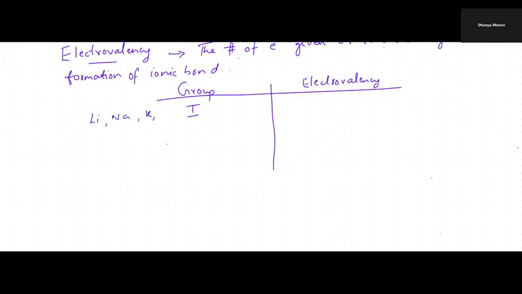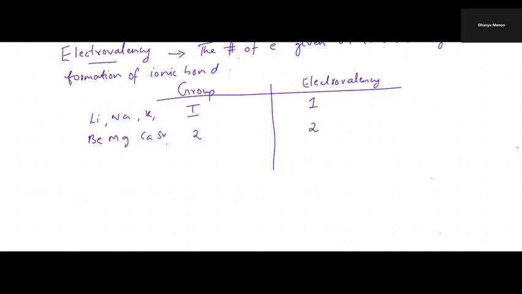So all of them, they have 1 electron in the outermost shell, so they readily donate that 1 electron, and the electrovalency is 1. Okay, suppose if I have group 2, group 2 is beryllium, magnesium, calcium, strontium, okay. They readily donate the 2 electrons, and the electrovalency is 2.